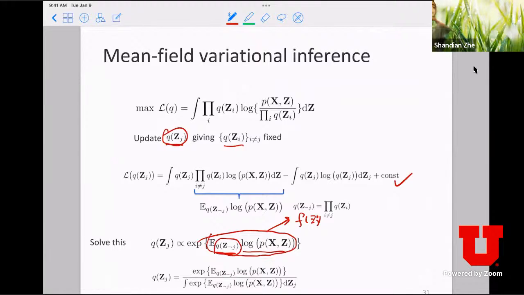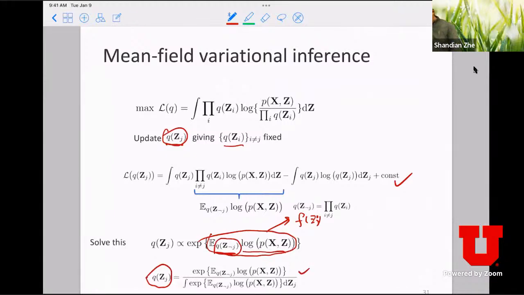And you can do the normalization, and that's your optimal Q of Zg, given all the other factors are fixed. I'm not going to repeat how we show that. I hope that after class, you have tried to redo the proof we did together in the last class. It's really not a hard thing, but it's good for you to understand how this is derived.